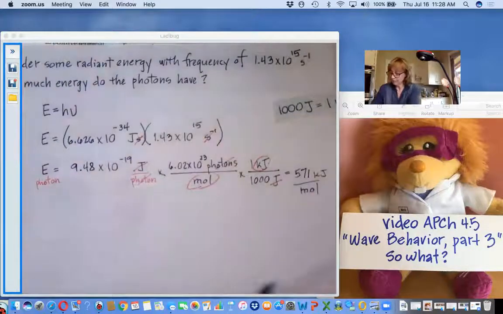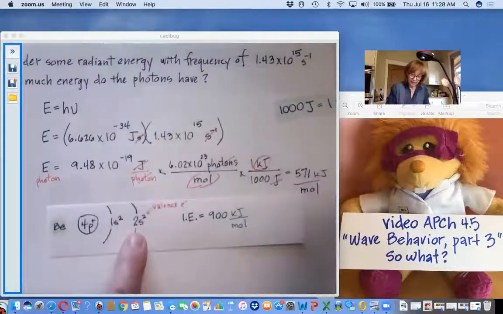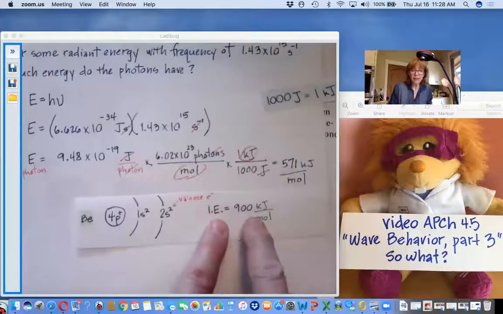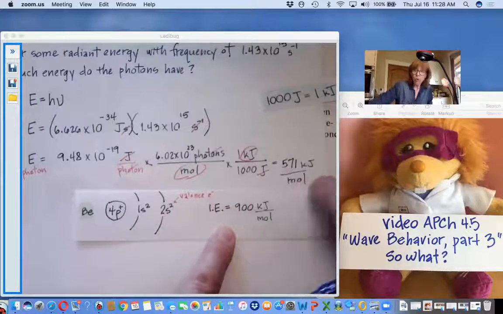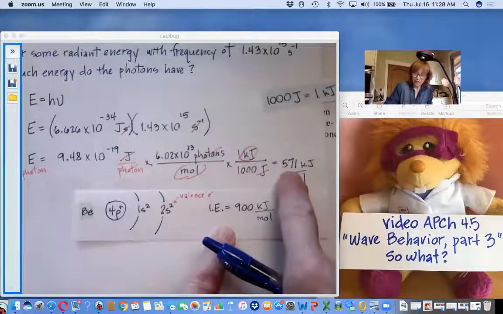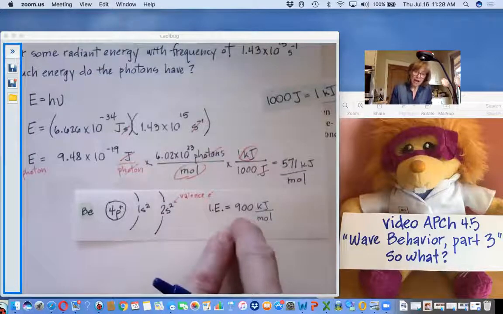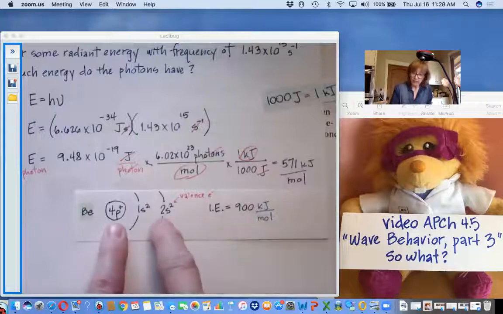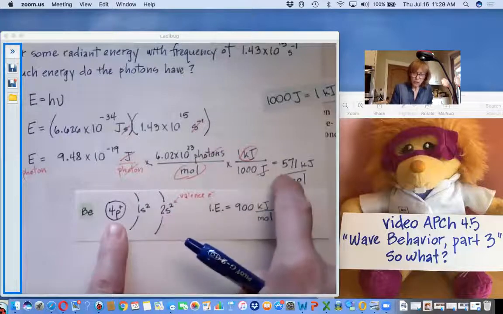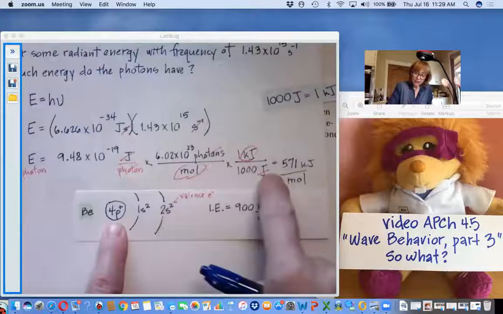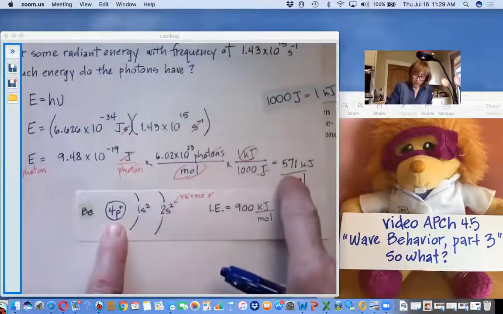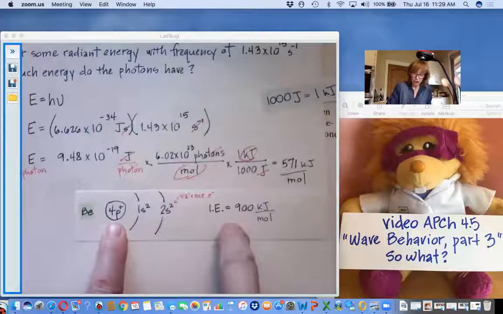Beryllium has an ionization energy of 900 kilojoules per mole. My mole of photons does not possess enough energy to knock out the electrons in beryllium. This stream of photons would hit a mole of beryllium atoms and just basically bounce off. The energy of these photons cannot do this job.